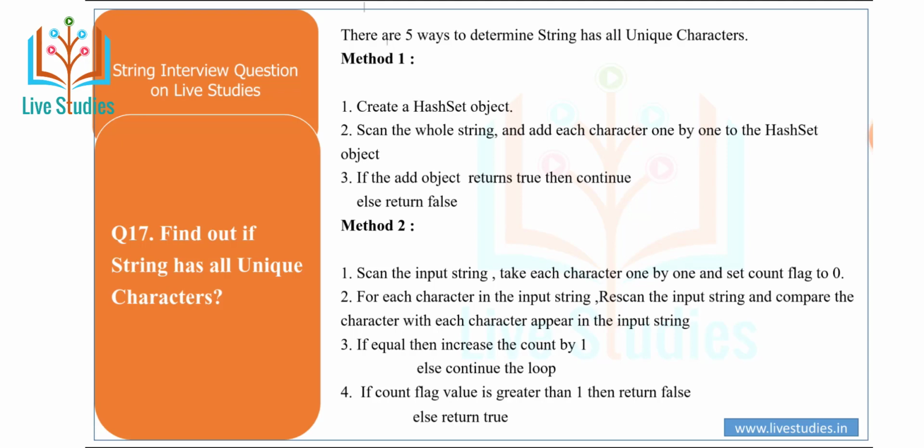Suppose I am creating a class called Unique, then create main method, a public static void main method, and create a boolean object result is equal to false. String inputString is equal to the string passed, and SOP inputString.